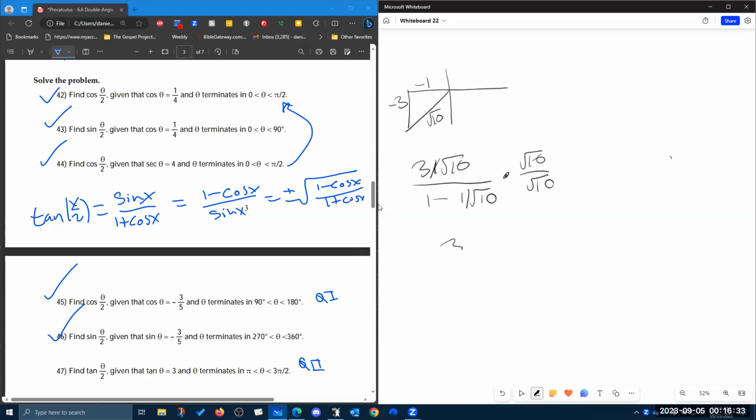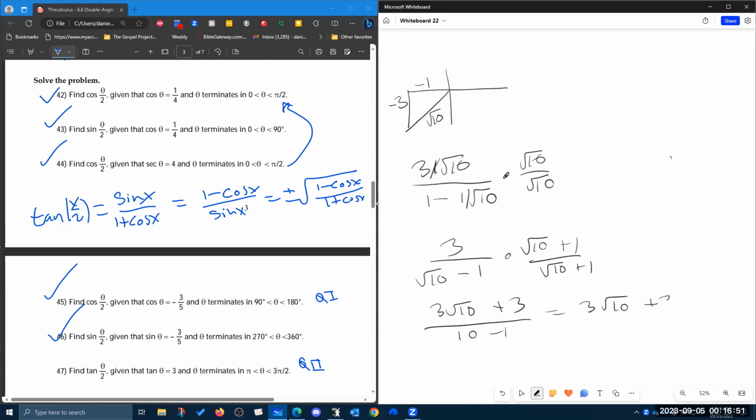This is going to be 3 over root 10 minus 1, which we rationalize with root 10 plus 1 over root 10 plus 1. It's 3 root 10 plus 3 over 10 minus 1. 3 root 10 plus 3 over 9 is going to be root 10 plus 1 over 3.